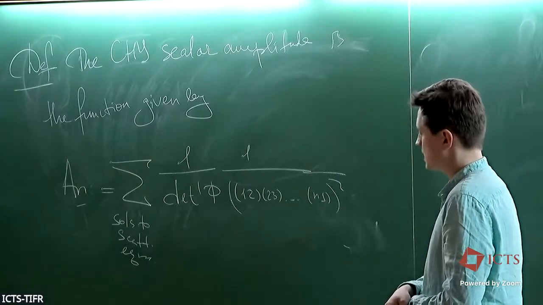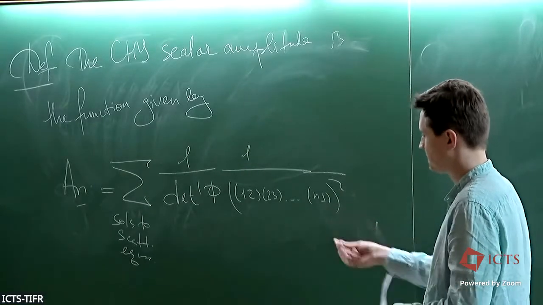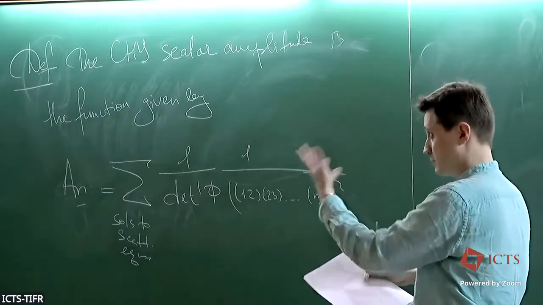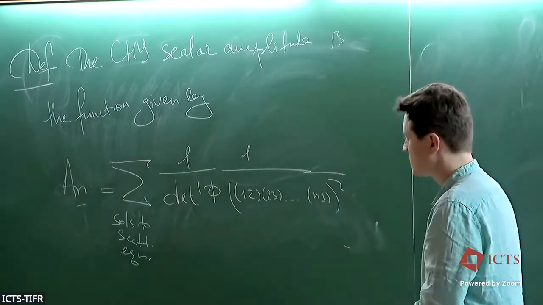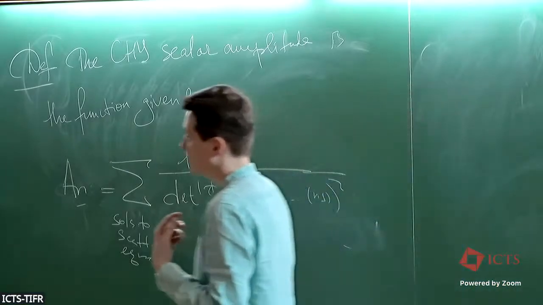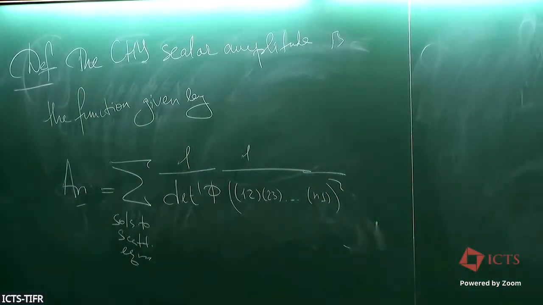So now let's take a moment to think about this function. It is supposed to be the amplitude, right? So it's supposed to be a function of your kinematic data. And why is this so? Well, because we started from kinematic data, and then this kinematic data was treated as parameters.